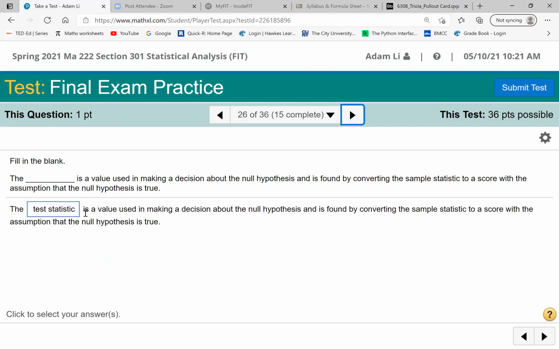And this one, the test statistic value used in making a decision about the null hypothesis, it's found by converting the sample statistic to a score. We call this test statistic, z-score usually, with the assumption that the null hypothesis is true. Okay, so test statistic is what we are using. And we just did a calculation on one of the test statistics to test the claim about population proportion p.